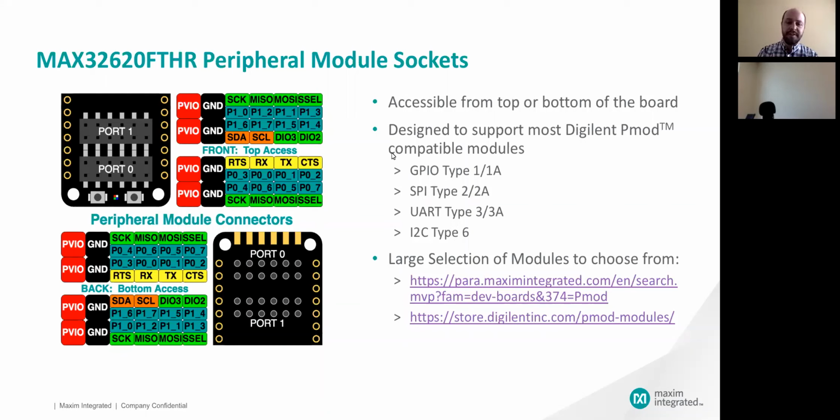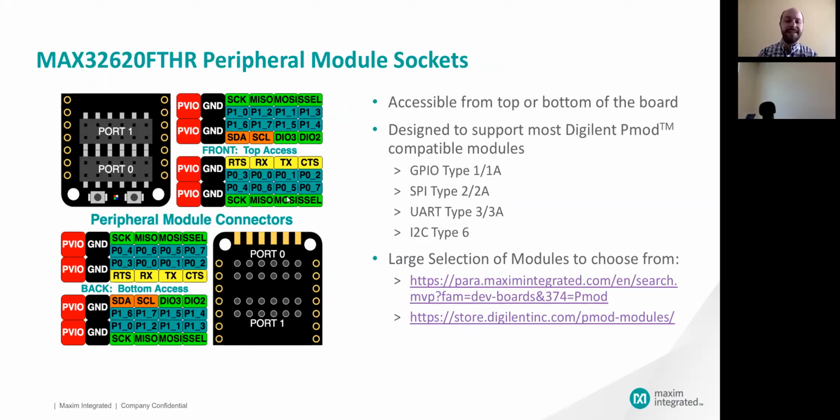And you'll notice our cheat sheet card shows the pinout from both sides of the board, because one of the things this lets you do is swap the top and bottom rows of the connectors. And that's kind of important, because if you look at, for example, the PMOD type 2 and type 3, there's a single row and a dual row, but the dual row, the second row is basically GPIO.